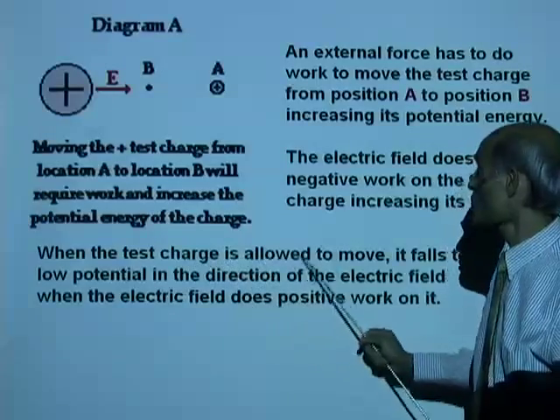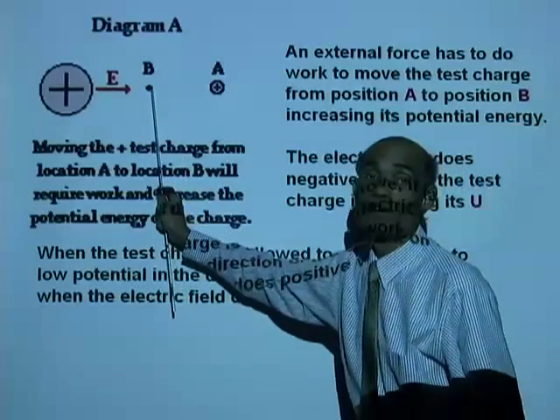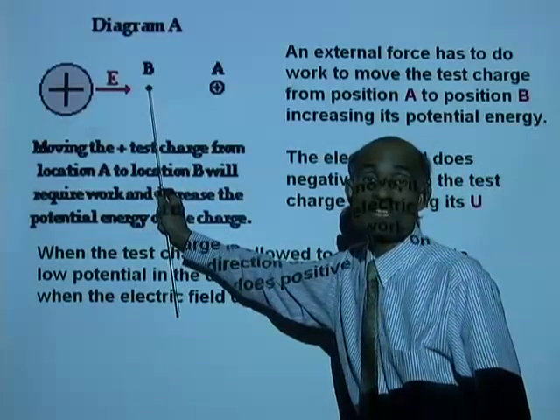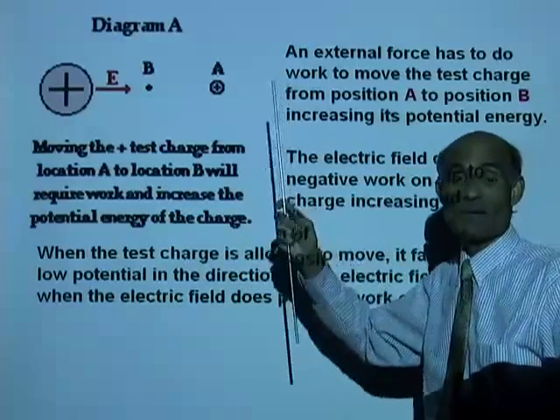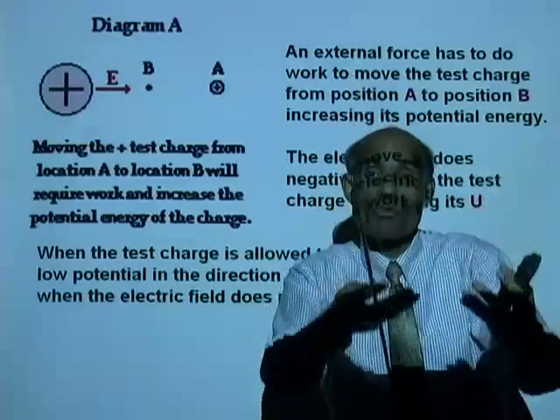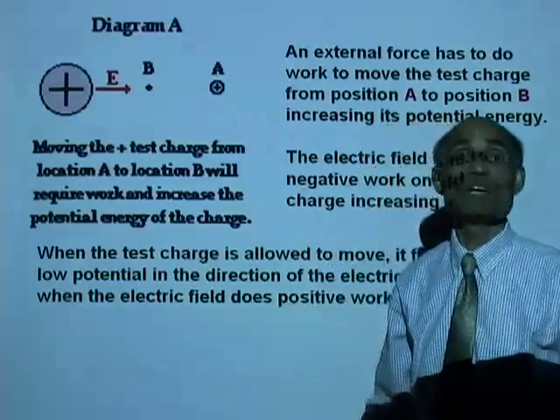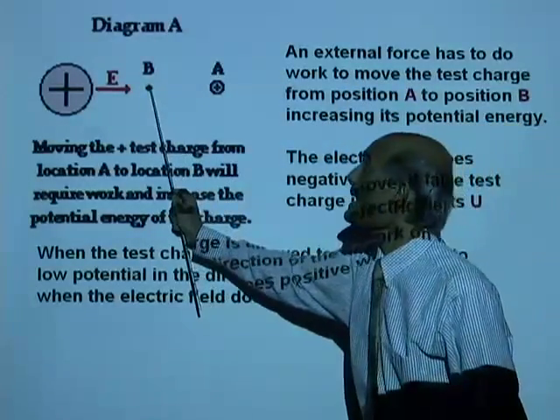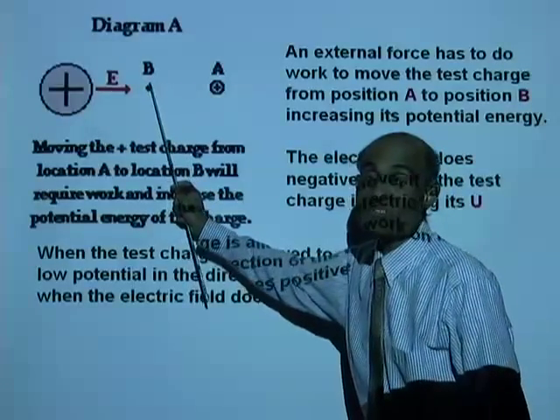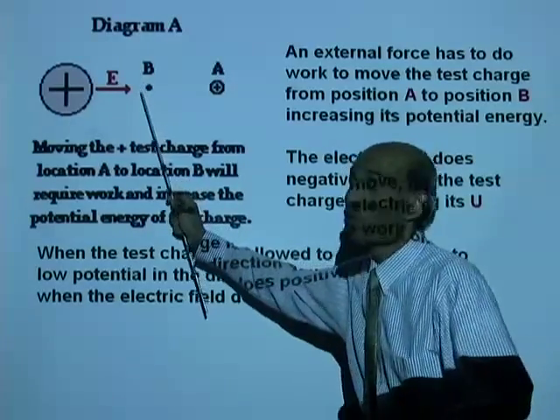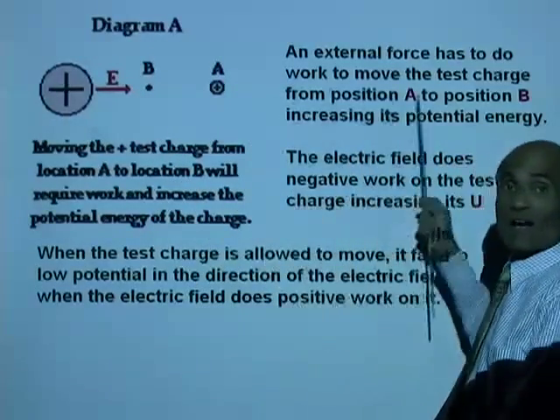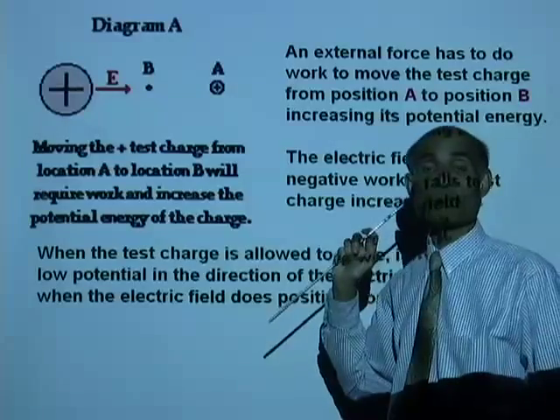If you now leave that test charge, it will fall back to A, just like the basketball falls back to a lower potential. When you allow the test charge, after placing it at B, to move, it will move back to A and it will move away.